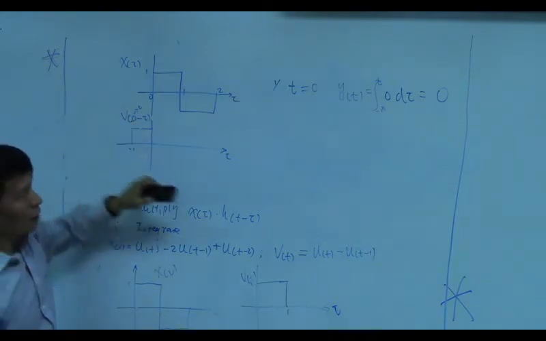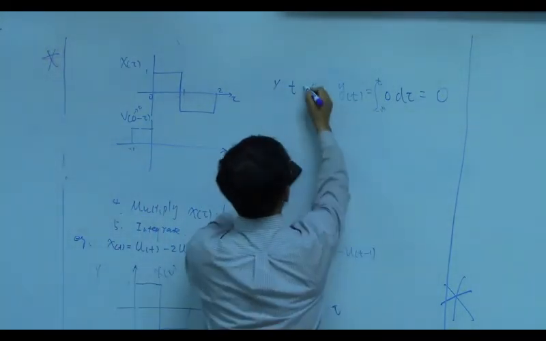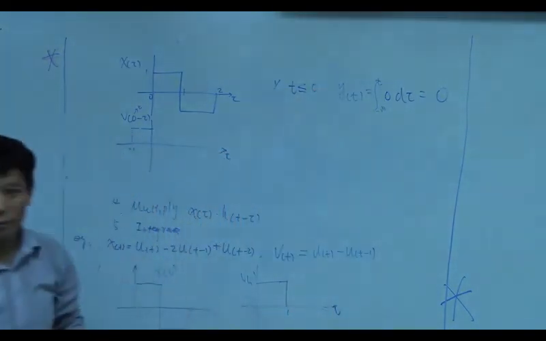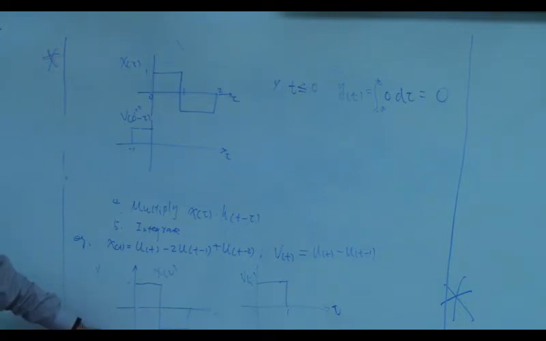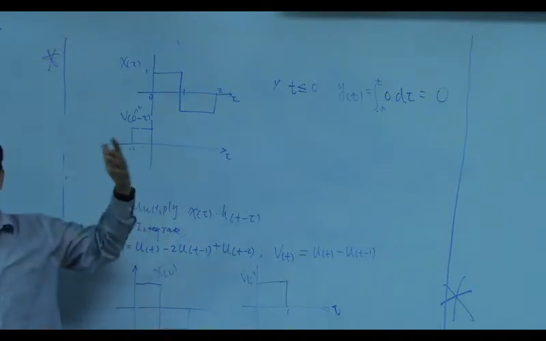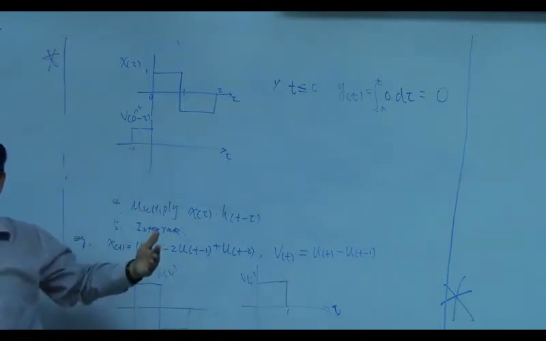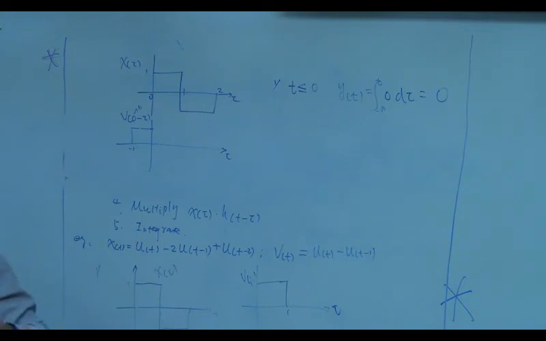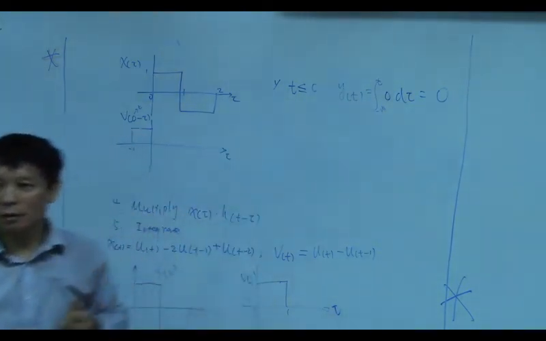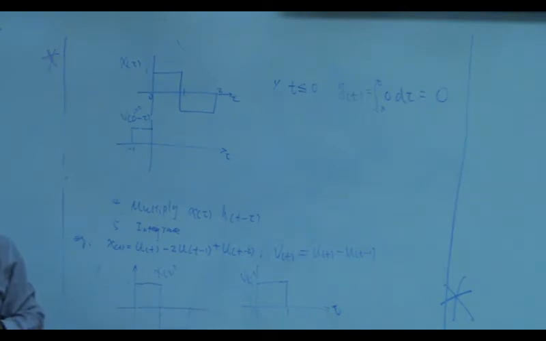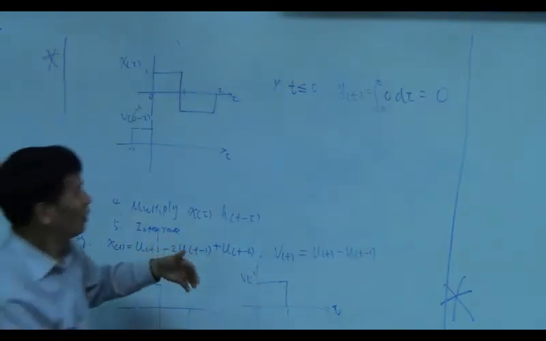So we can write this for t less than or equal to 0, because these two signals have no overlap. That means they multiply together, they get 0. Then you do the integration, still get 0. Okay, now let's do the second one.